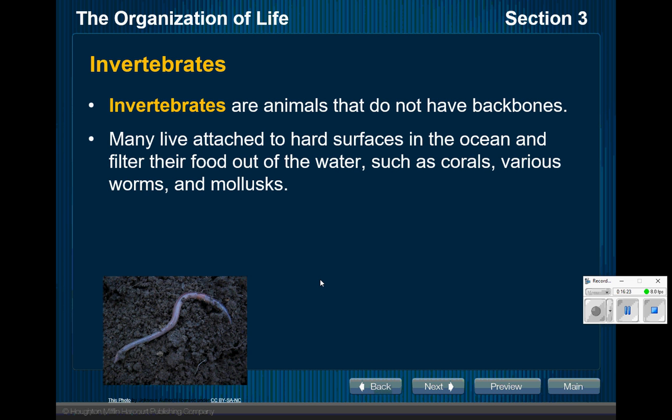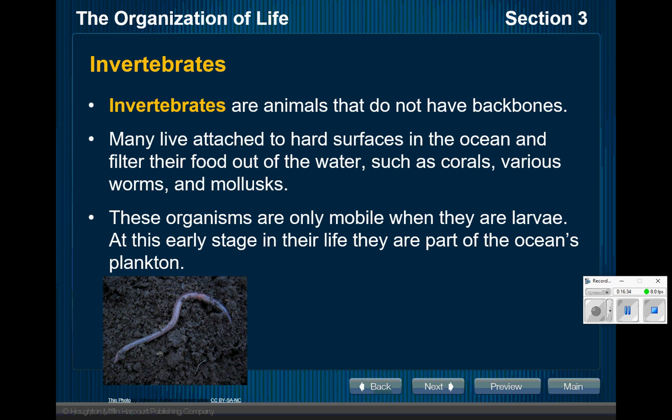They'll attach themselves to the sides of rocks or the sides of the corals or sides of other animals and get their nutrients as it's being filtered through the water. These organisms then will only be mobile during their larval stage, once in their life.